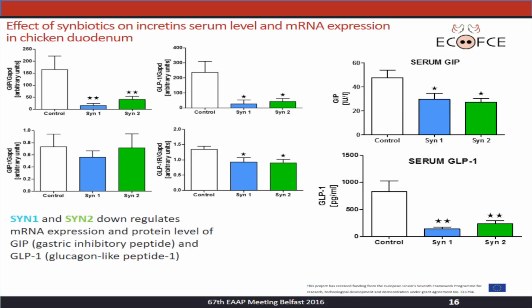In our case, both incretins which were measured were actually down-regulated in the symbiotic groups. And this down-regulation was very consistent, so it was down-regulation in terms of the level measured in the serum, in terms of both the mRNA level of the gene itself and also at the receptor level.